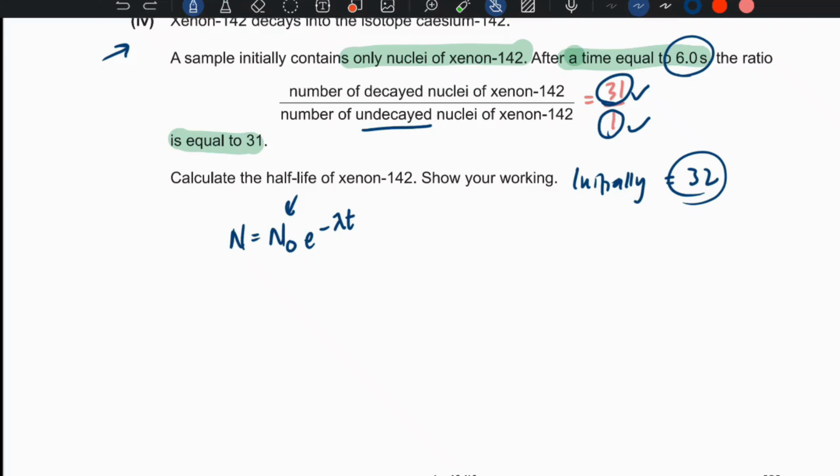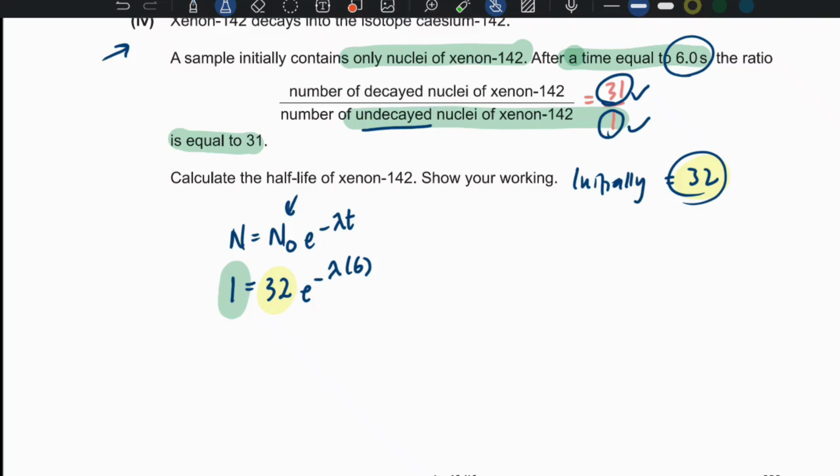So, if I were to write this in the equation, I'll get 1 equals 32 e to the negative lambda times 6. 1 is my undecayed nuclei of xenon. 32 is my initial number of nuclei of xenon-142. Not 31, it's 32 initially.